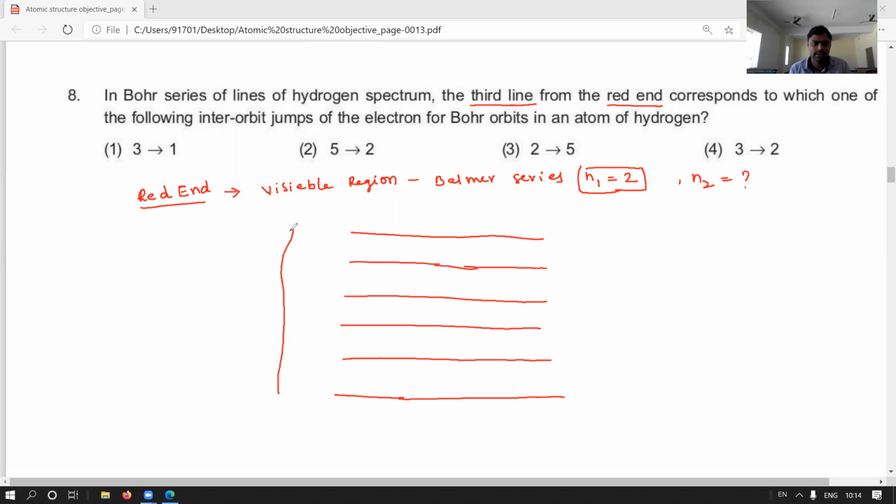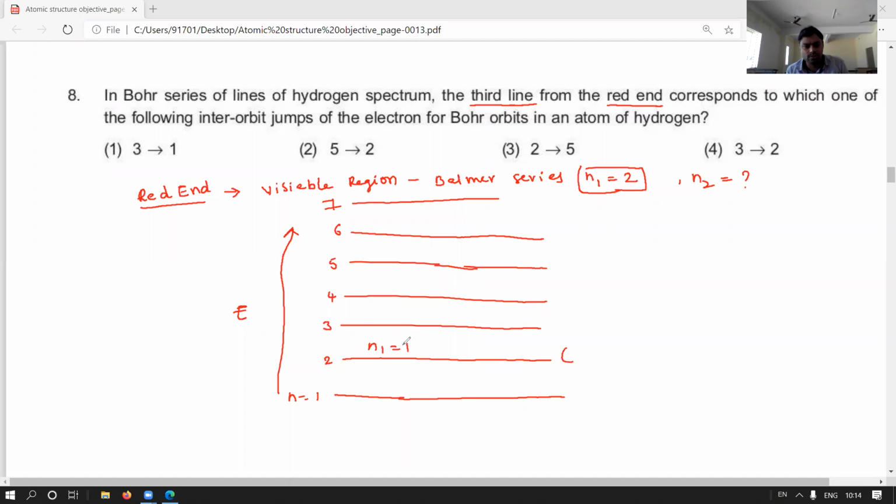Now this is the energy increasing order. n is equal to 1, 2, 3, 4, 5, 6, 7, up to the infinity state. Now for n1 equal to 2, that is the Balmer series. So all the transitions are from a higher energy level, the excited state, to a lower state.